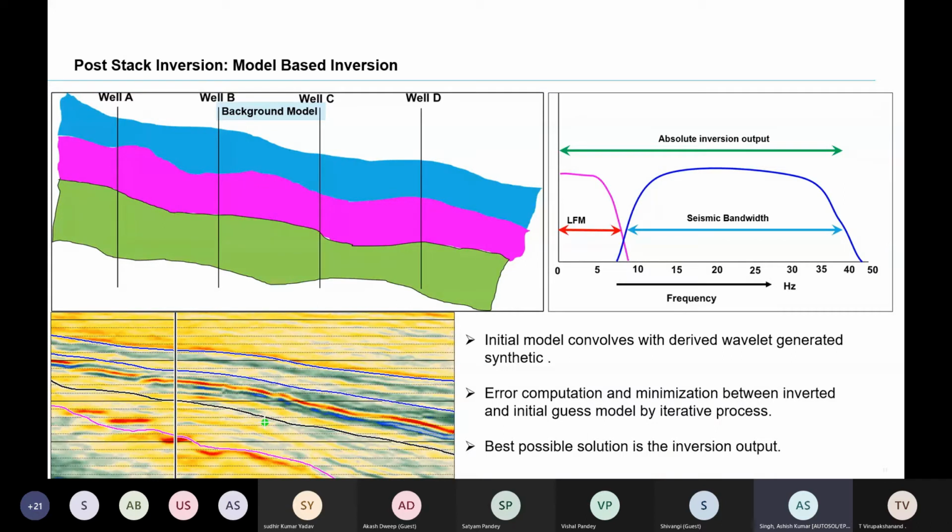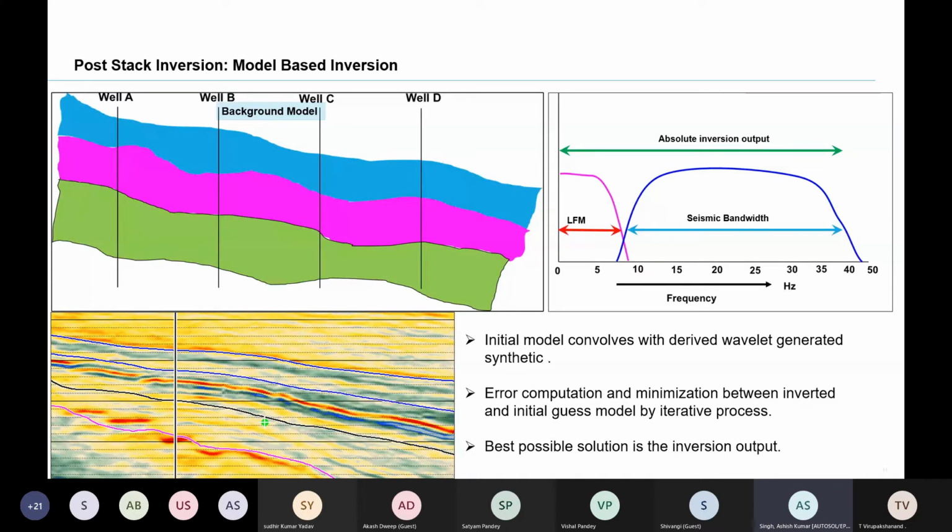Suppose we know about the area, suppose in the seismic we have a well and we have the interpreted horizon, so we know something about the area. So we interpolate our impedance value throughout the area. That will be our initial guess model. And that is also called the deterministic model, or the low frequency model. There are several names, but this is just an initial guess model, which you give based on your own interpretation, your knowledge of the area, right?